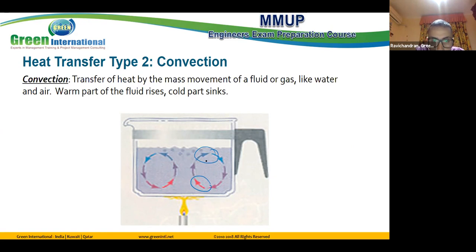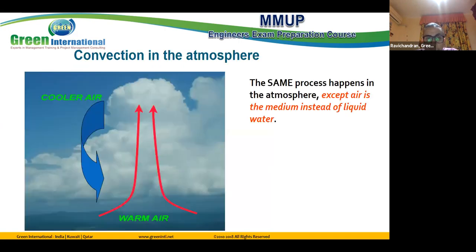This part gets hot and goes up, and the cold part slightly heats with the water coming from down to up, and so on. So the warm part of the fluid rises and the cold part sinks. Here also in the atmosphere, the warm air goes up and the cold air goes down, and so on.